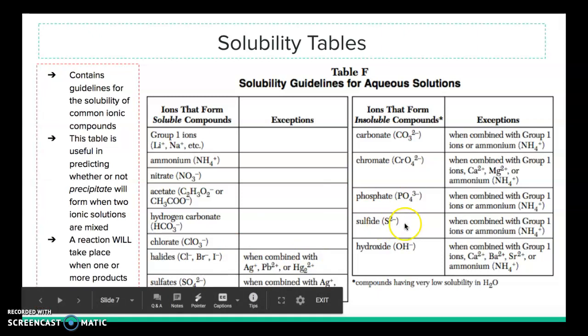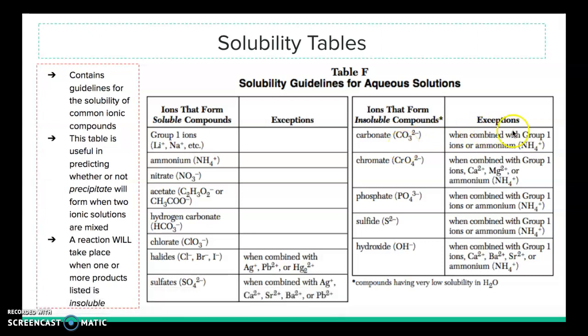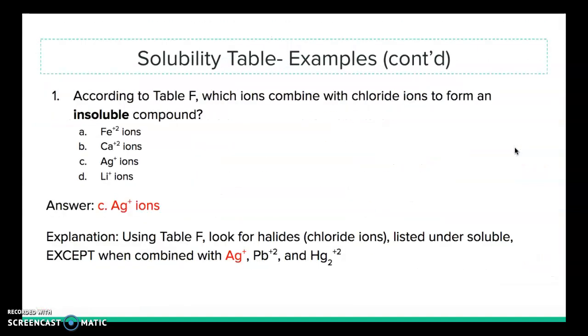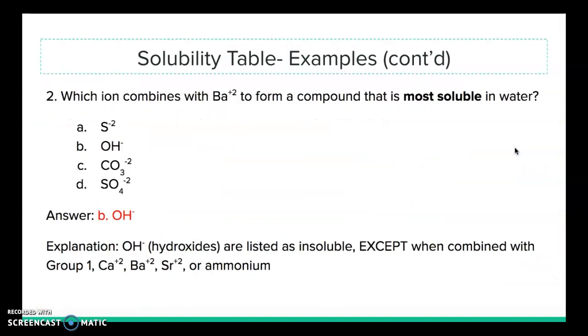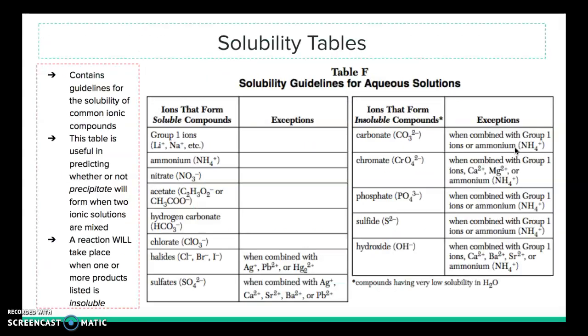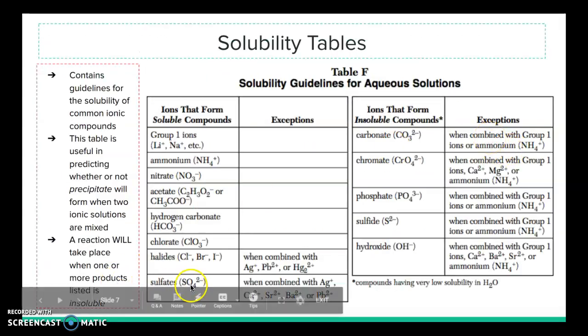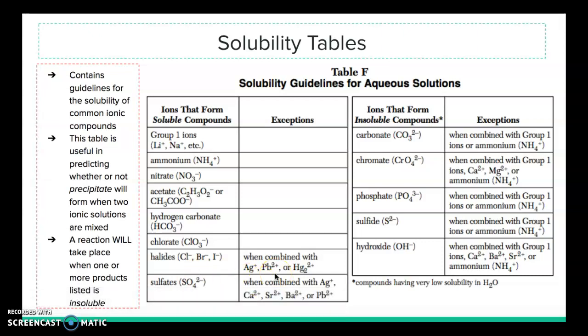So we look at our sulfide group. Those are insoluble except when combined with group 1 or ammonium, and barium is neither of those. Our carbonate group is insoluble except when with group 1 or ammonium, which is not barium. And then our other answer was sulfates, which are over here, which are soluble except when combined with silver, calcium, strontium, barium, and lead.